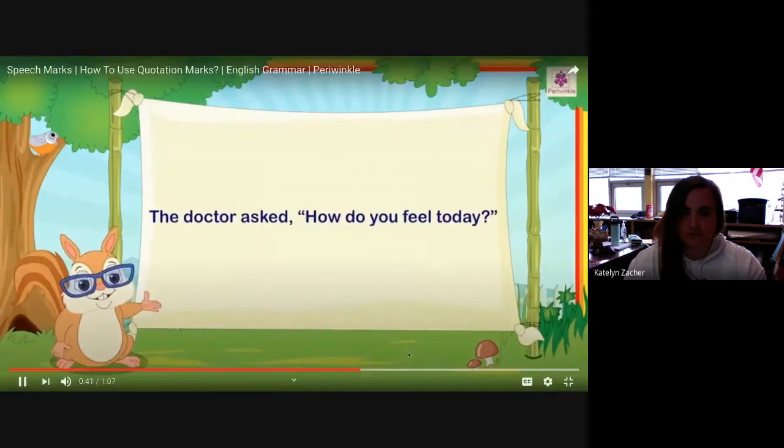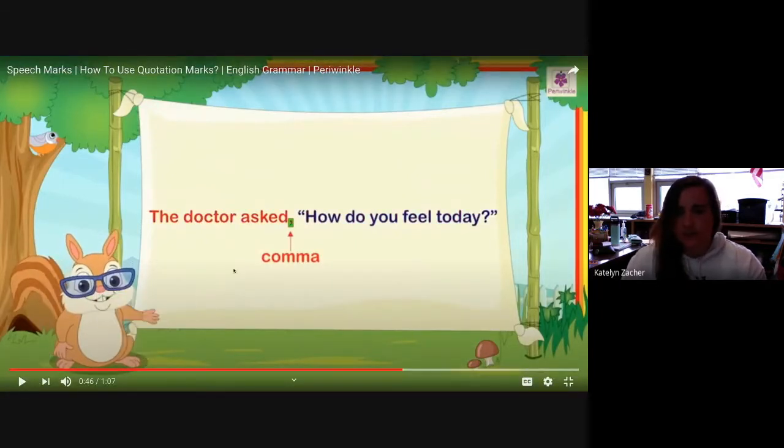Remember to use a comma to separate the quote from the rest of the sentence. So just remember, this is just telling what happened. The doctor asked, "How do you feel today?" They put the quotation marks because the quotation marks are specifying the exact words that were said. So the doctor asked, comma, "How do you feel today?"